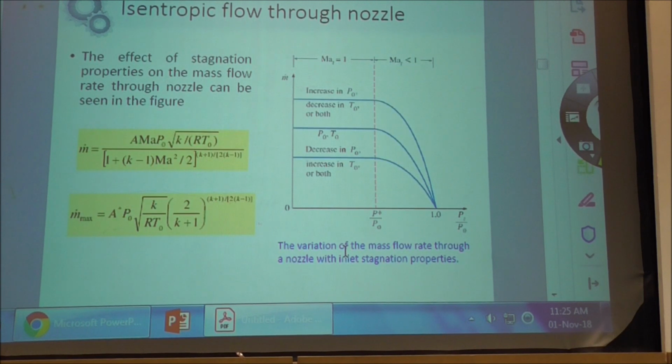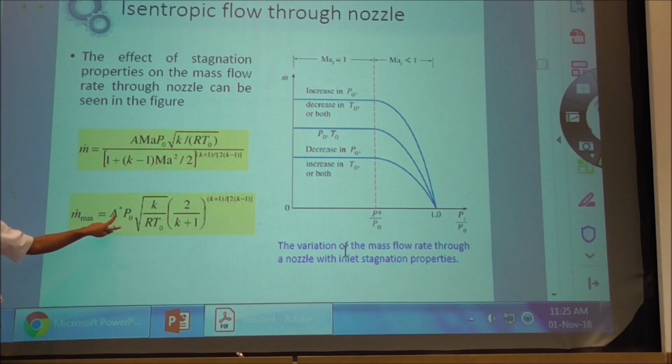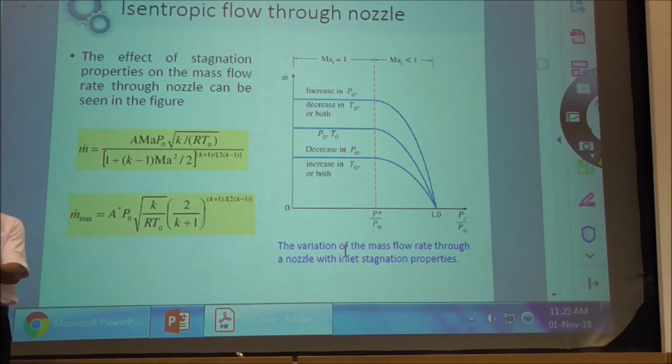So if you want to change the mass flow rate, the only thing you can change is the P naught or the area. You make the area smaller, you make the mass flow rate smaller. You make it bigger, you make the mass flow rate bigger. If you have a flow that is stuck or choked and you make the area smaller, you are not improving the velocity, but you are decreasing the mass flow rate. If you make it bigger, you get a higher flow rate.